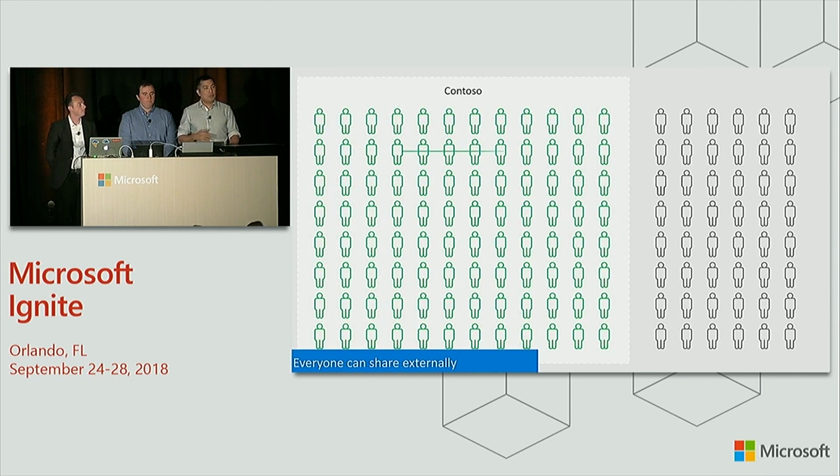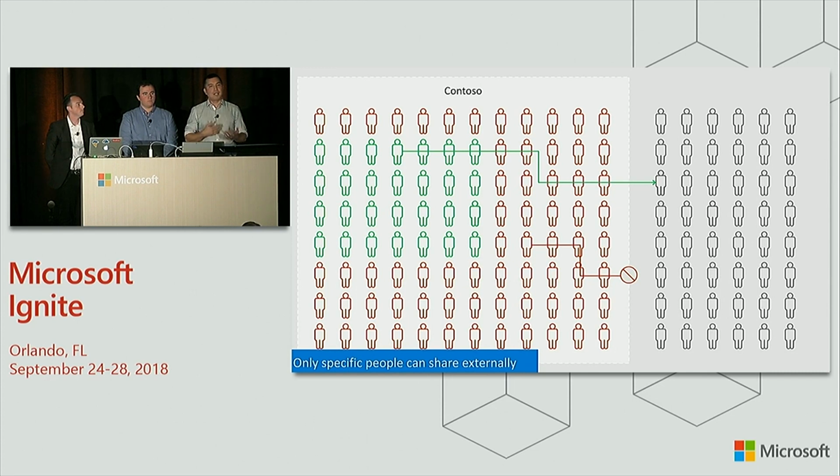You can control who is allowed to share outside of your organization. Of course, by default, everyone can share externally. If they have to work with a partner or customer, they can go ahead and do that by getting a link that works for anyone or a link that works for specific people. You can also choose to only allow specific people to share outside your organization. This is really helpful in some organizations that have a particular division, like your marketing team or sales team, that may need to work outside, but maybe your engineering team doesn't.